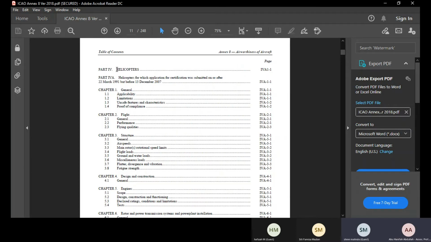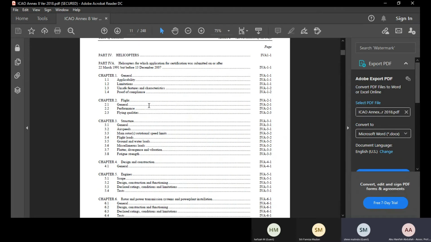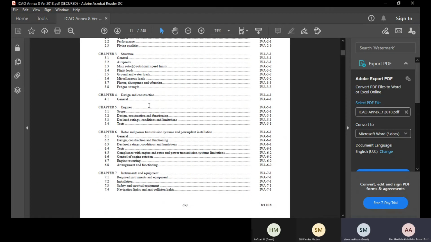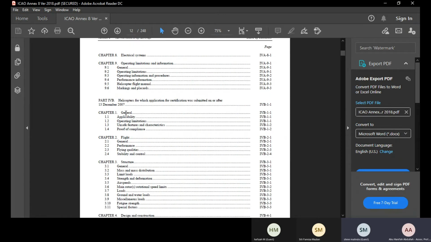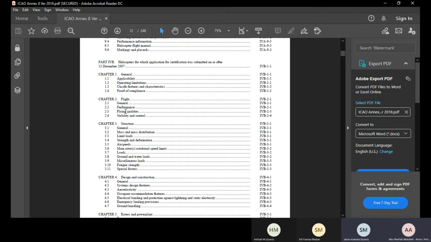So it's nothing to do with you, but in future, if you're working for Airbus Helicopters, yes, this is the area that you need to also study. And then part A is a date similar to aeroplane. Part 4, part 4A, and then we have part 4B, okay, still helicopter.